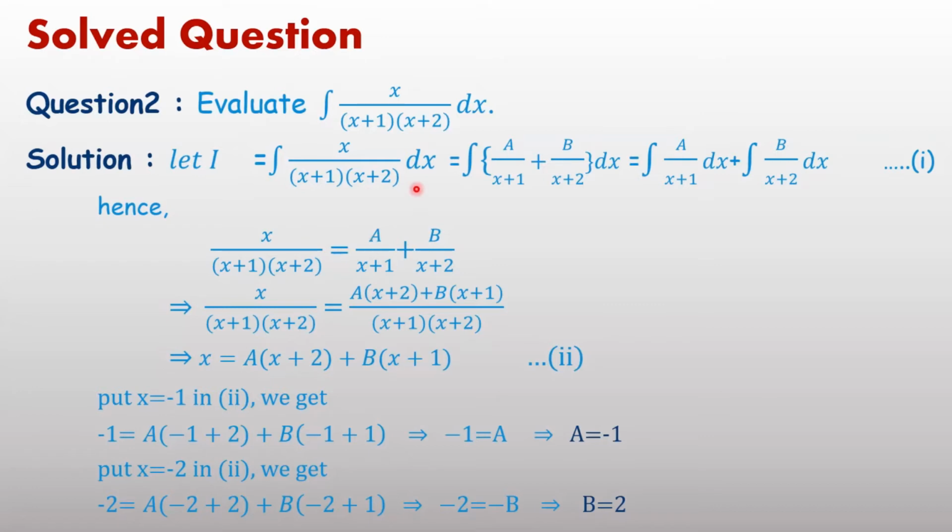Therefore, in the question I, in place of a write minus 1, and in place of b, 2. I equal to integration of minus 1 upon x plus 1 dx plus integration of 2 upon x plus 2 dx.